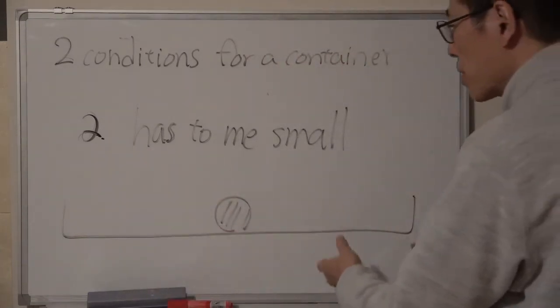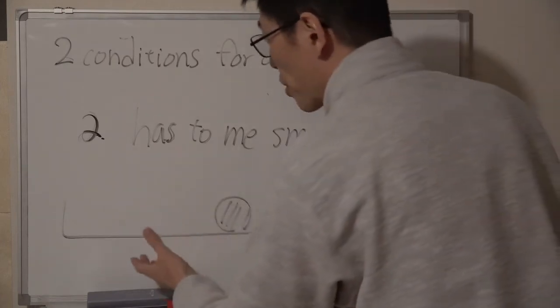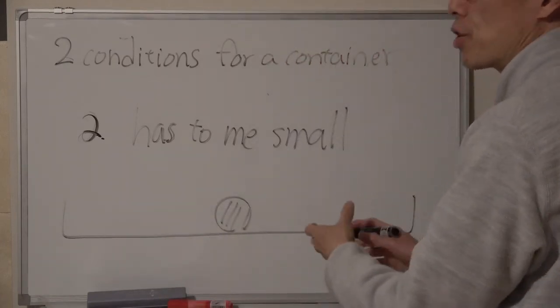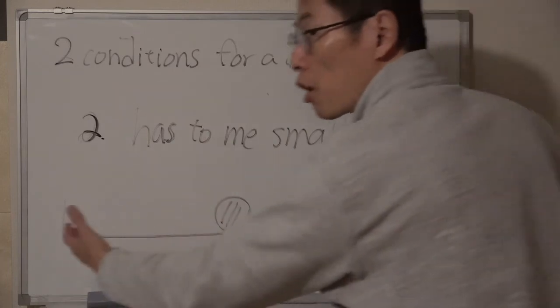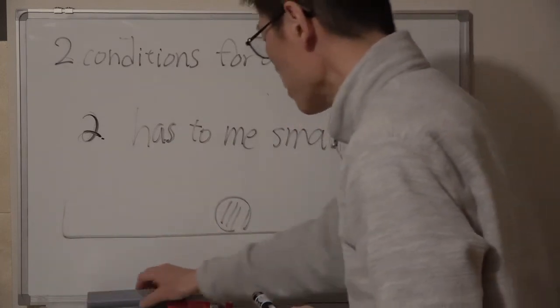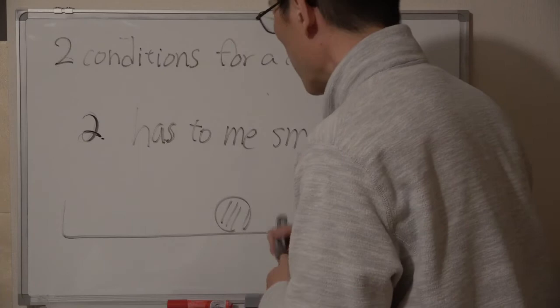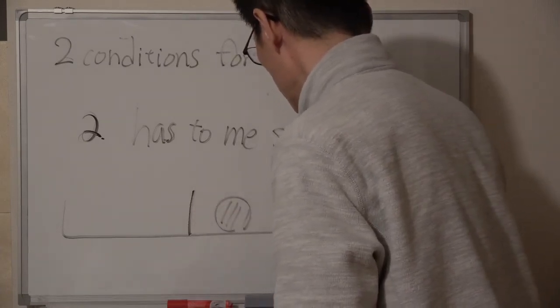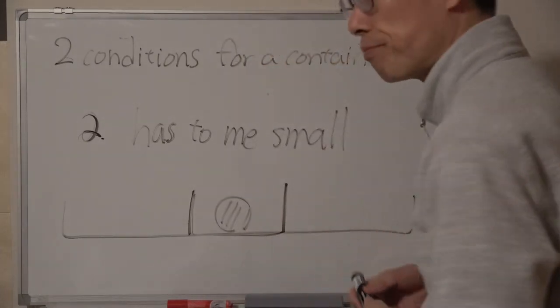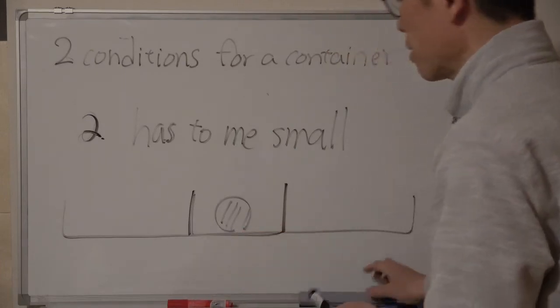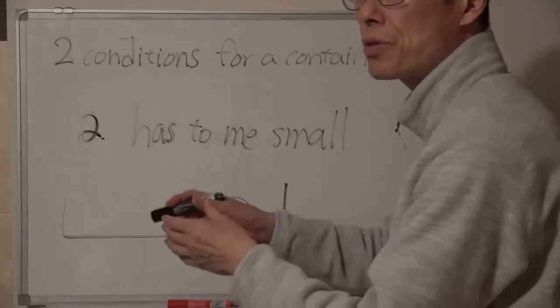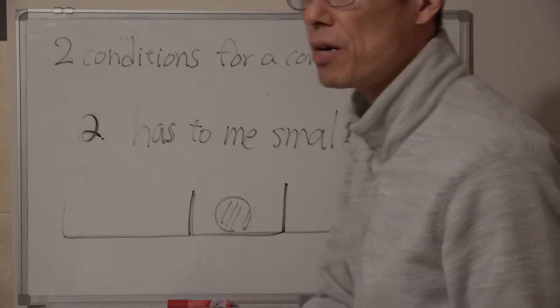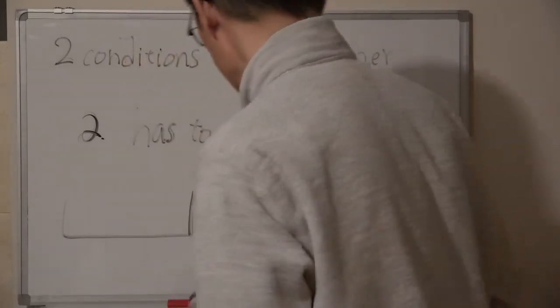Even though this thing has two boundaries, very strange. It doesn't look like a typical container. Because it's too large. So it has to be small enough. So, guys, the size matters. Size is important. It has to be small enough.